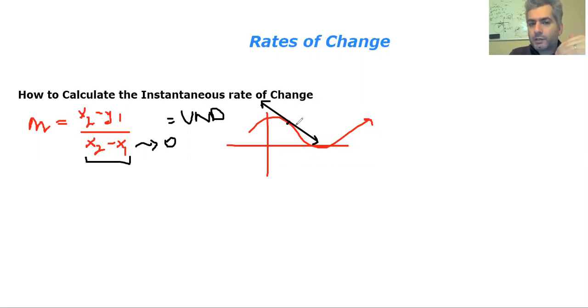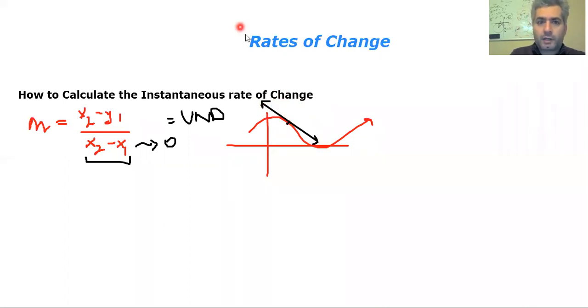So this slope here represents the instantaneous rate of change at that particular point because it's only hitting the graph at that one point. And this line is called the tangent to the curve. So it's not a secant, it's not passing through 2 points, it's only crossing through 1 point. So we call this the tangent to the curve.